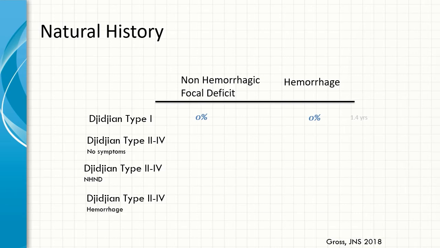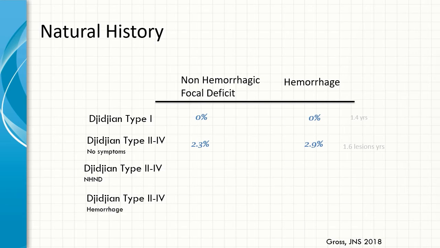In the higher grade type of dural AV fistula that presented to medical attention without any symptoms, the risk of non-hemorrhagic focal deficit and hemorrhage were approximately 2.3% and 2.9% respectively. The relative follow-up was short, about 1.6 lesion years.